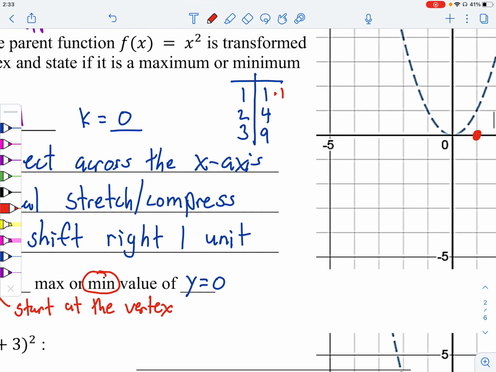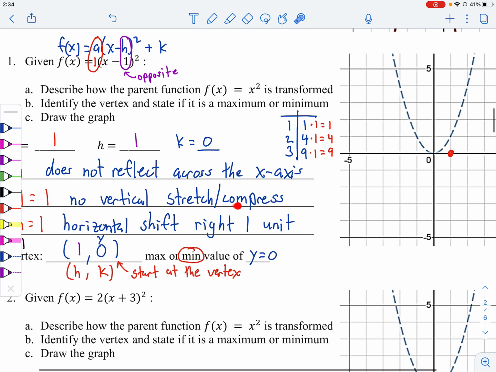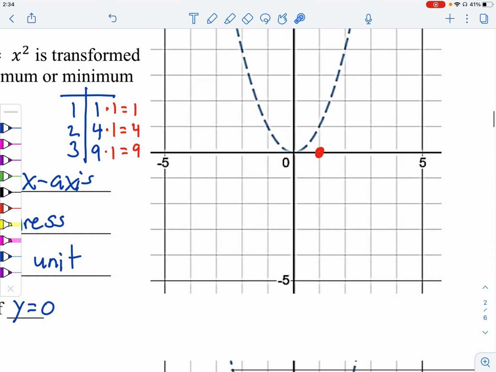So 1, 4, 9 times 1 is itself, it didn't change. That's why there's no vertical stretch or compress.